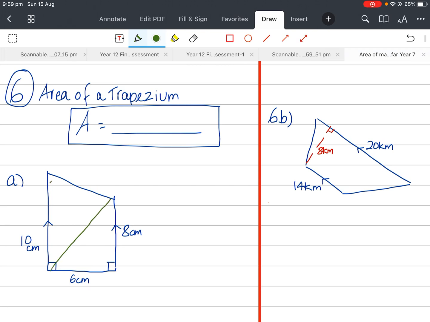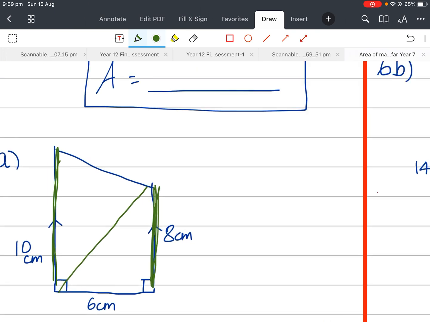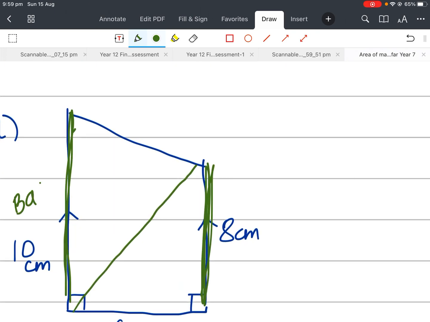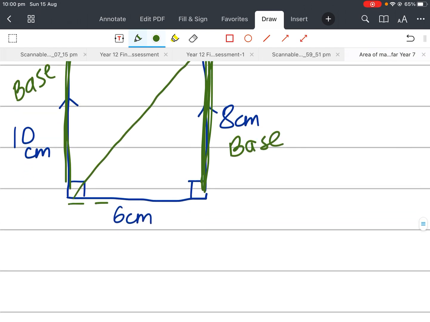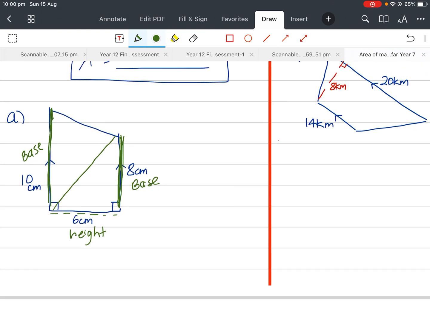Now what you have to remember, however, is each of the parallel sides, so each of the train tracks, they become the base of the triangle. So that's the base and that's the base. So automatically, hopefully you can see that this 6 here is the height of each triangle, because we learnt before that the base and the height of a triangle must be at right angles.